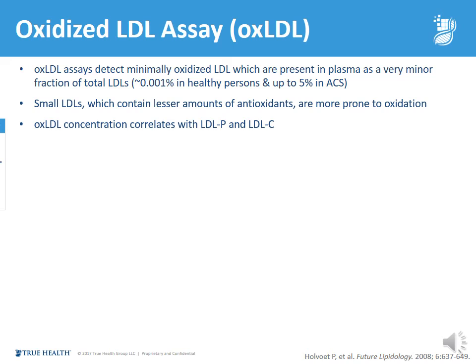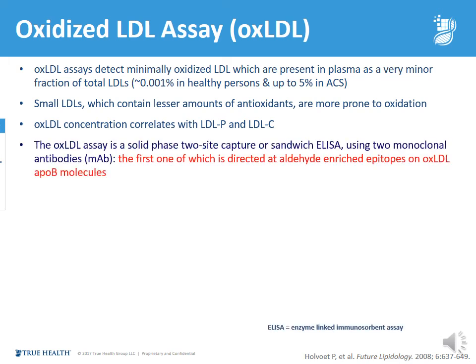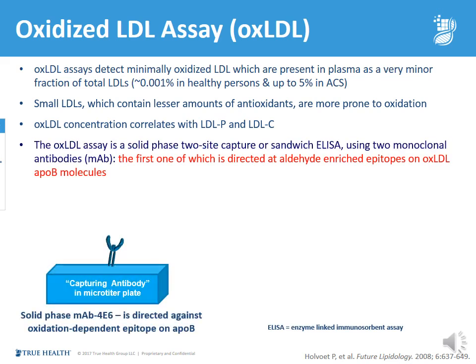We've already shown you oxidized LDL correlates well with the presence of atherosclerosis compared to LDL-C, and we've known for a decade that that is true with LDL-P versus LDL-C and plaque also. The oxidized LDL assay is an ELISA assay, which stands for enzyme-linked immunosorbent assay, and it's what is called a two-site capture or a sandwich.